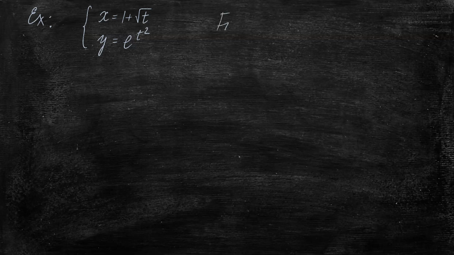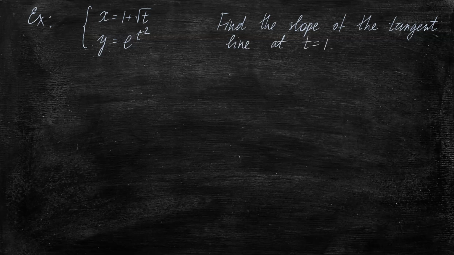The task here is to find the slope of the tangent line at t equals 1. So first of all, what does it mean to find the slope of the tangent line at t equals 1? It has two parts, so we will find the slope, but for right now let's focus on what it means at t equals 1.